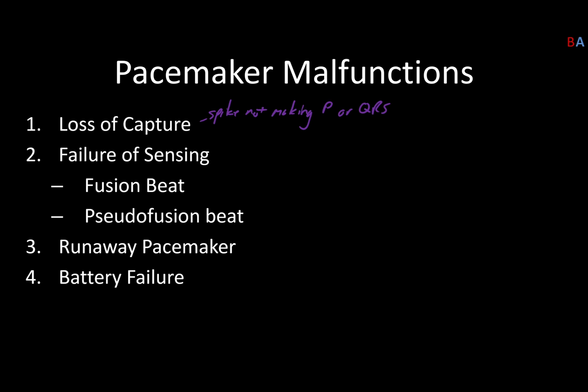The next problem that could occur is a failure to sense. With failure to sense, you've got a spike at the wrong time. There are 2 subsets of that that we can identify, and that's more for the advanced arrhythmia group, so I'm going to hold off on those. But if you take that next section, you'll learn more about them at that time.